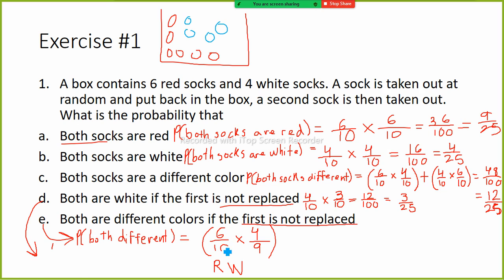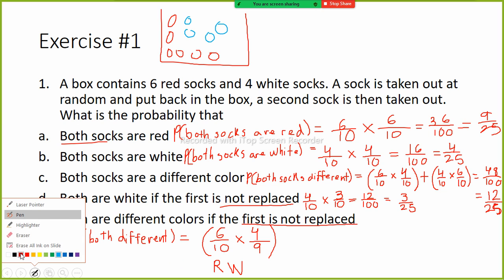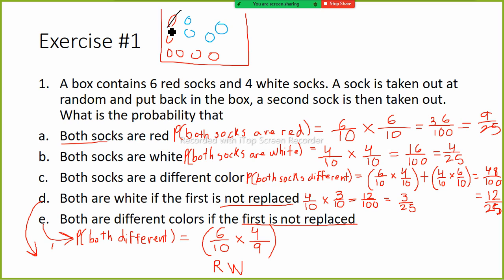So 6 over 10 is for the red, and we already took out one of the red. That's gone. Now it's time for us to take out a second sock. How many do we have to choose from? 1, 2, 3, 4, 5, 6, 7, 8, 9. We only have 9 to choose from. Now how many of them are white? 4 are white, so it's going to be 4 over 9. Okay? Do we understand that, or should I explain that again?